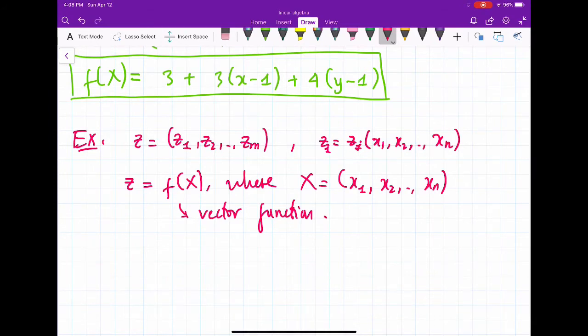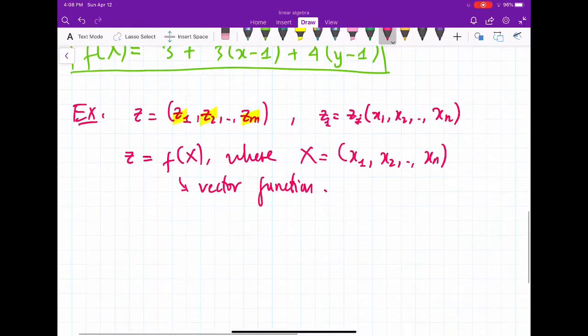Alright, now how do we generalize the idea of linear approximation, meaning the Taylor approximation, for a vector function? The easiest way to think about that is, if you have a vector function, you may approximate each term, z1, z2, up to zm, using their corresponding linear approximations. Makes sense? Okay, let me write that formula for each z, and then when we compile everything together, we'll see the formula.